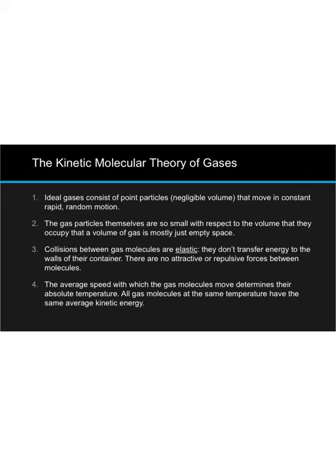Postulate number 1 of this theory that defines ideal gases says that ideal gases consist of point particles. These particles have negligible volume, so they take up a minuscule amount of space, but they move in constant, rapid, random motion. So gas particles are in constant motion, but they're just little tiny point particles that really don't amount to much.